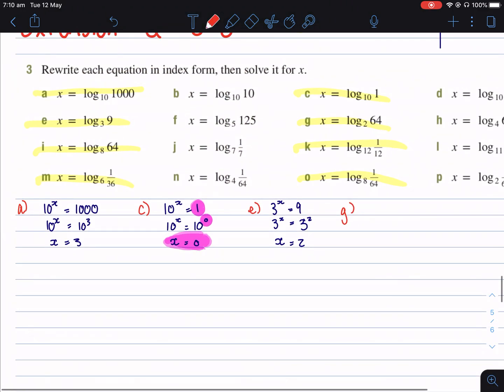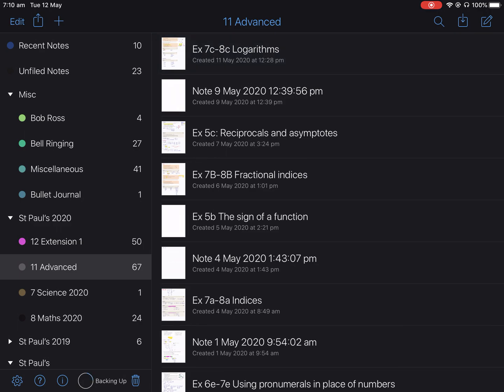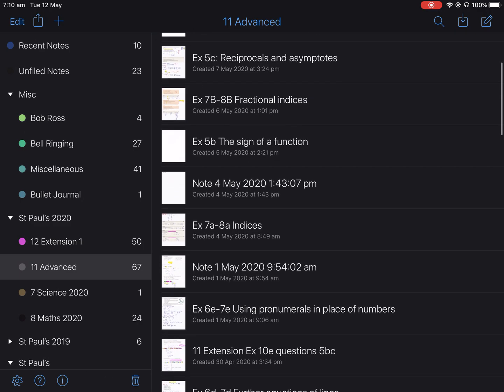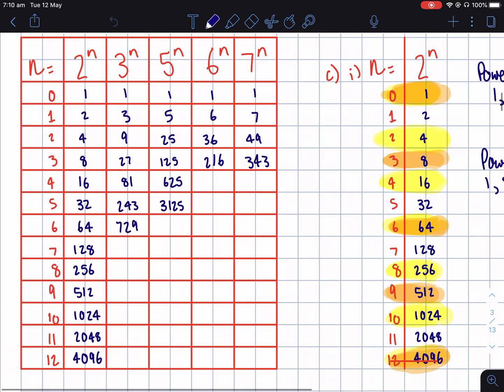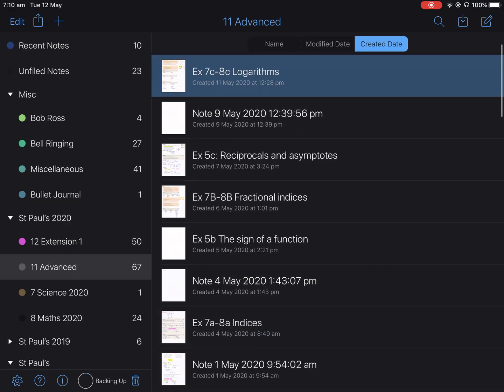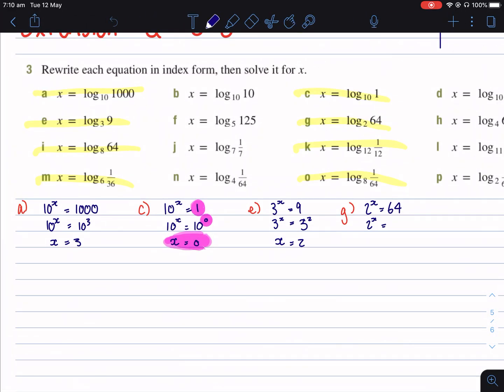G. X equals log base 2 of 64, which means 2 to the x comes out as 64. So we're trying to find what 2 was raised to. Well, we know from that list that we did a while ago, 64, it's 6. 2 to the 6, so x equals 6.